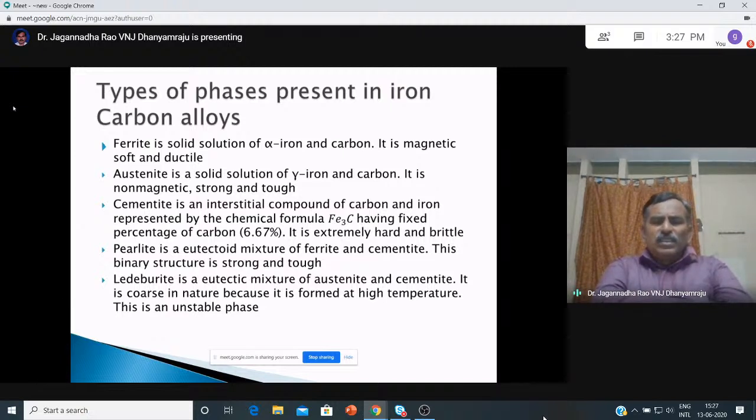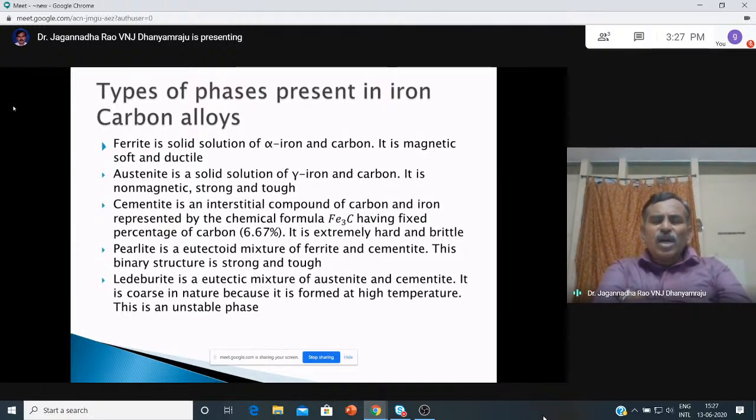And this fingerprint mixture can come from a eutectic reaction or it can come from a eutectoid reaction. But in the case of iron carbon alloys, it has come from a eutectoid reaction, because austenite separates to form cementite and ferrite.